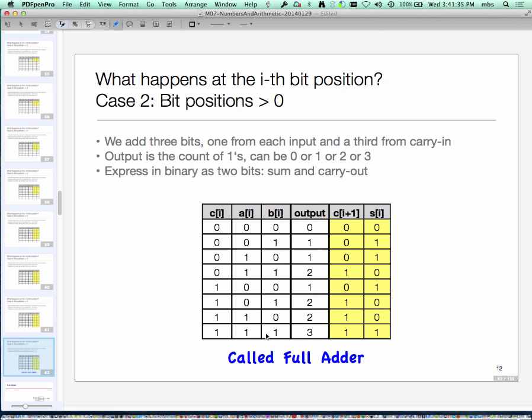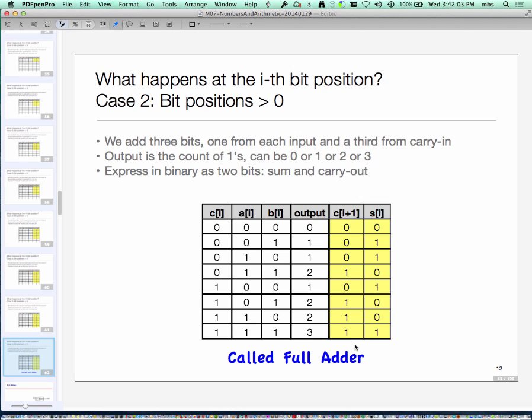Or if all 3 were 1, then my output value is 3, which means I need 1 and 1. This truth table is called a full adder. A full adder takes 3 1-bit inputs and produces a sum and a carry. So 3 1-bit inputs, and it's producing a 2-bit output. One we put in the current bit position, the other we hand over to the next bit.